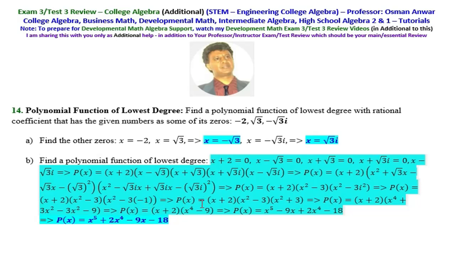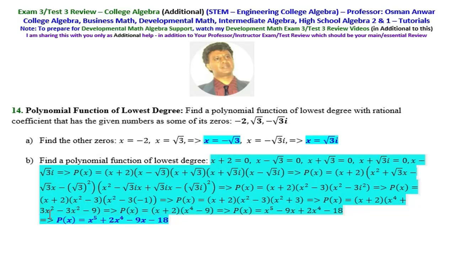That is p of x is equal to x plus 2 times x squared minus 3 times x squared plus 3. That is p of x is equal to x plus 2 times x to the 4 plus 3x squared minus 3x squared minus 9.